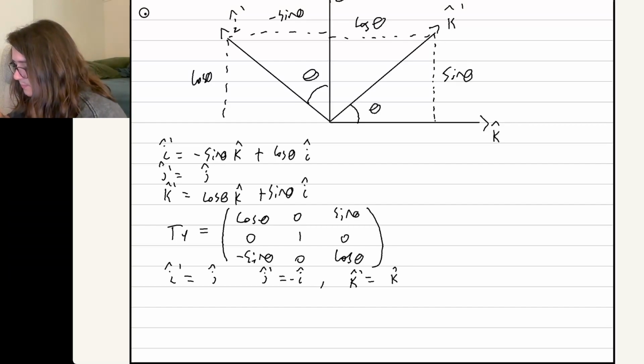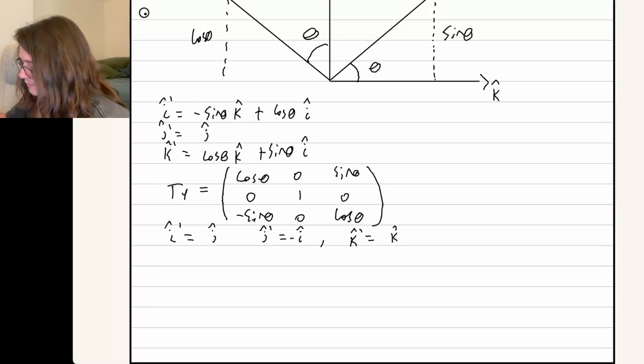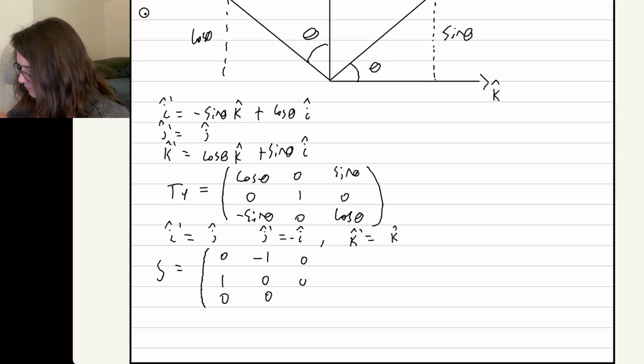So this is just going to be a 90-degree rotation looking down the z-axis counterclockwise, right? That's what it represents. So the matrix for this, which Griffiths wants us to call S, is going to be 0, 1, 0, minus 1, 0, 0, 0, 0, 1.